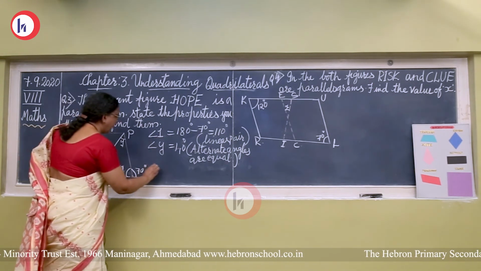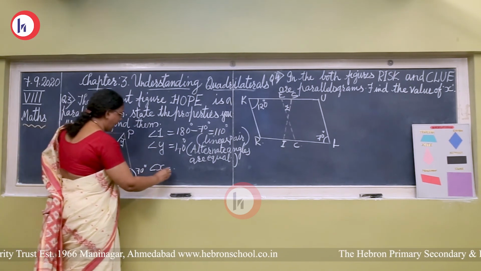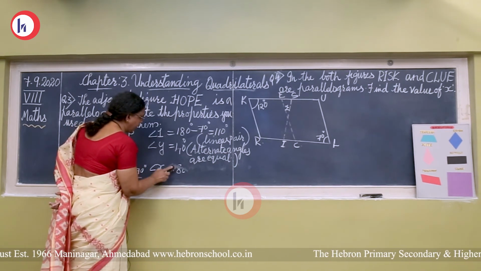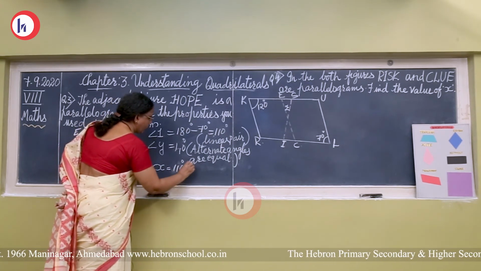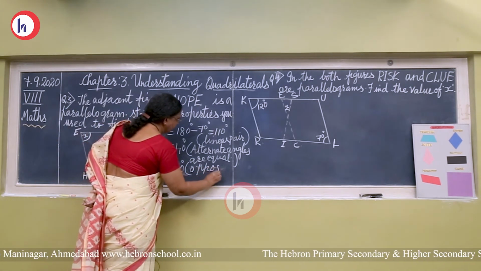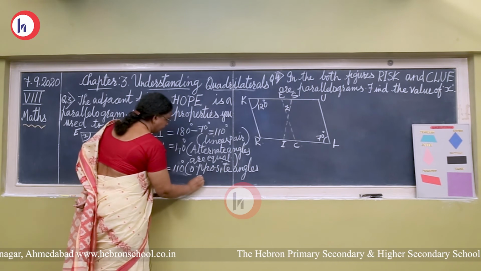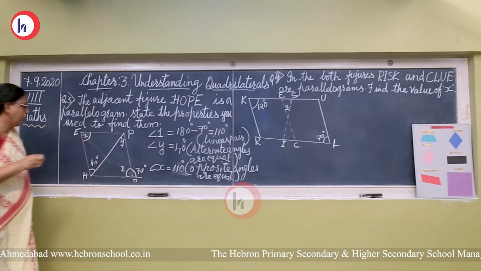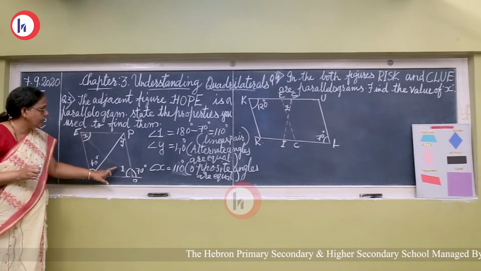So angle x is equal to angle 1, that is 110 degree, not 180 degree, because the reason is opposite angles of a parallelogram are equal. In this way we can find out the measures of x, y and 1.